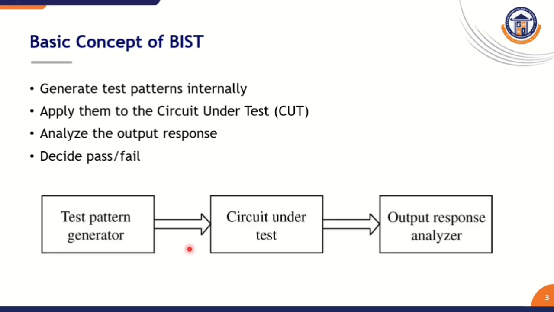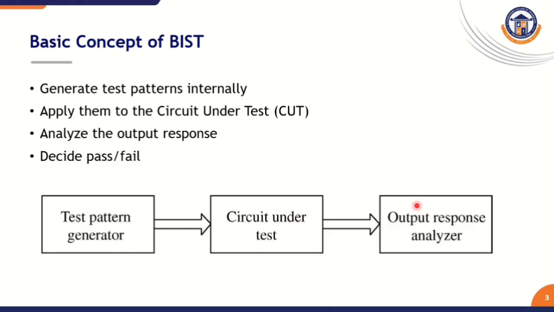Now, let us understand the basic concepts of BIST. The BIST operation consists of four main steps. The first step is test pattern generation: the test patterns are generated internally. Second, these patterns are applied to the circuit under test, also called CUT.